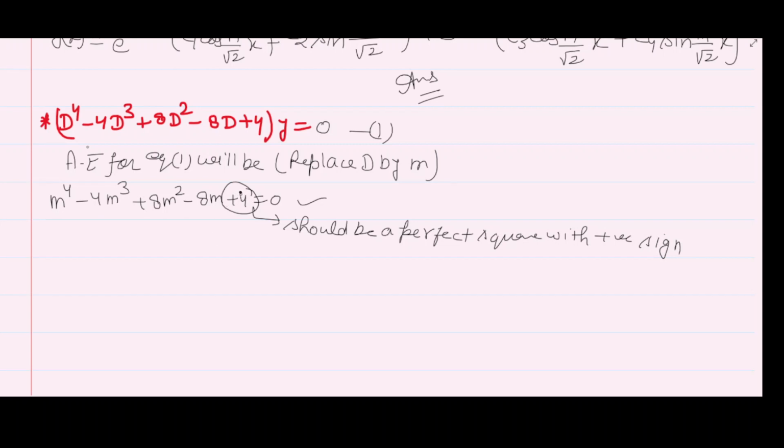If this is not plus 4, if this is by chance minus 4, then the method will not be applicable here. Or if this is plus 3 or plus 7 or plus 8, not a perfect square, then the method will not be applicable here. Okay, now let's move forward.